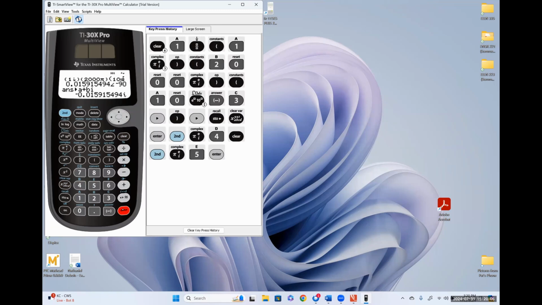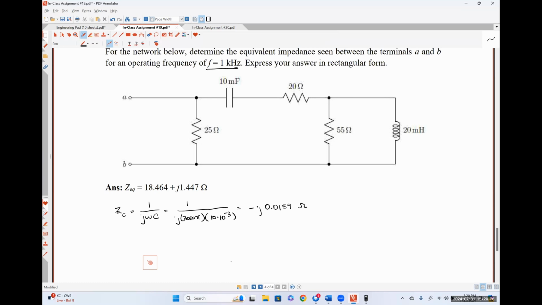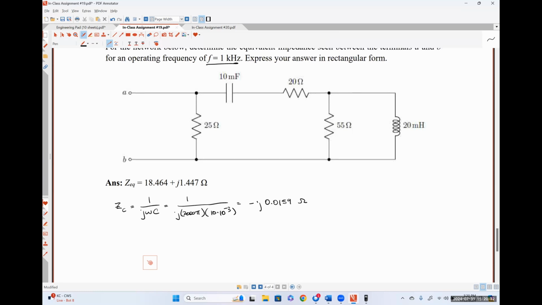Once again, 1 over j is the same thing as negative j. So I got that correct. At a relatively high frequency, 1 kilohertz, this 10 millifarad capacitor looks pretty close to a short circuit, as I mentioned a moment ago.